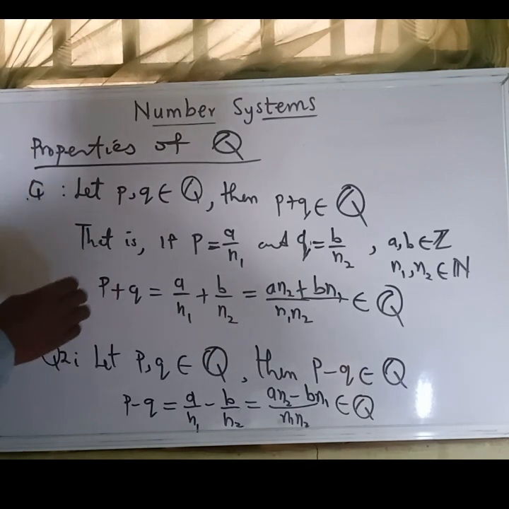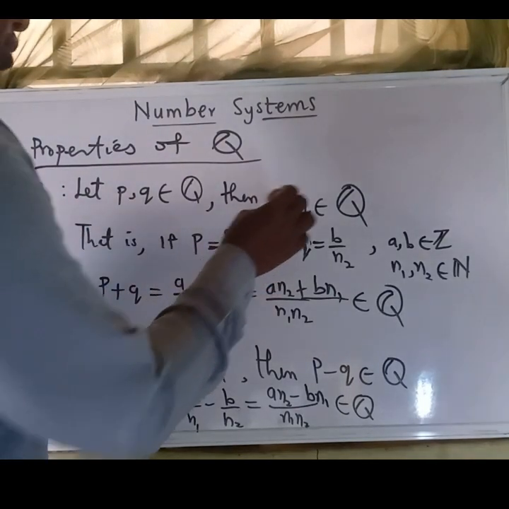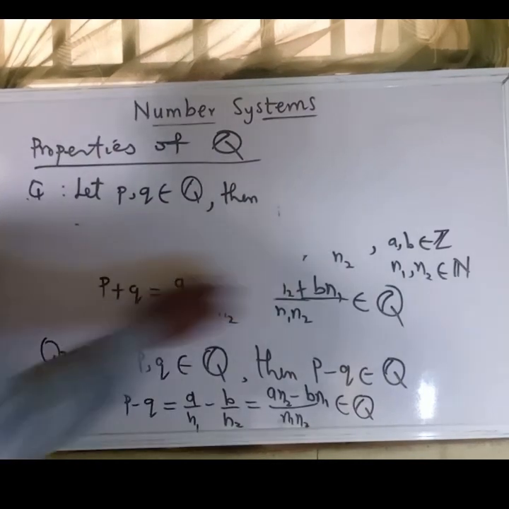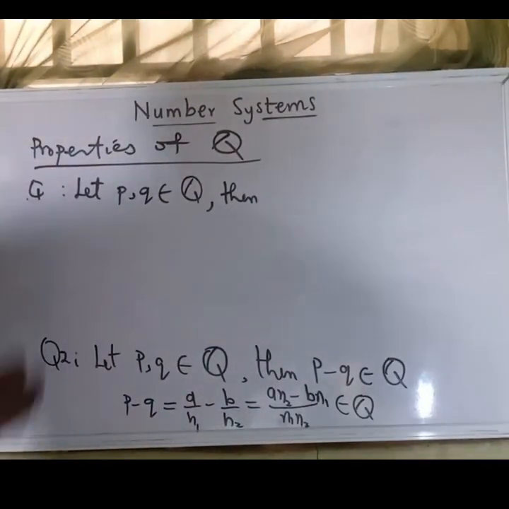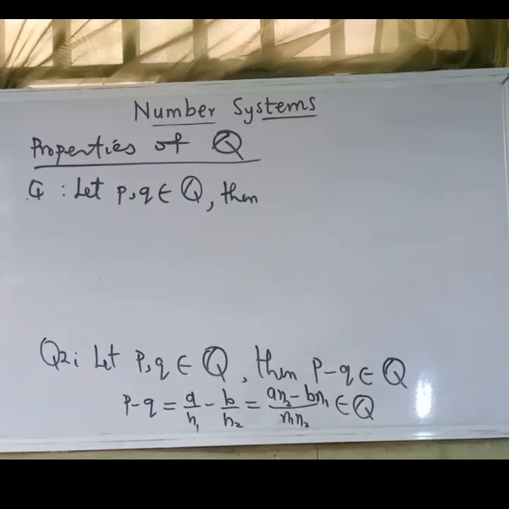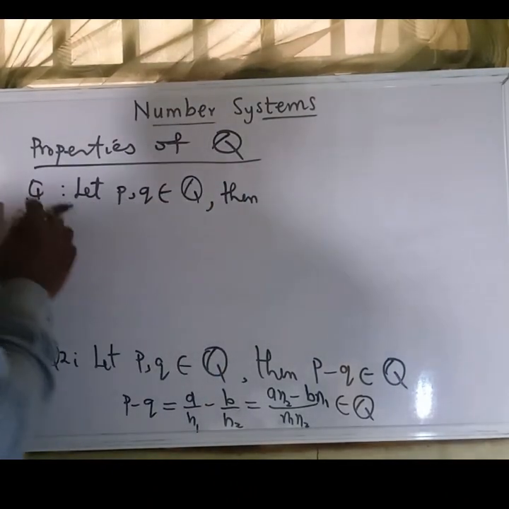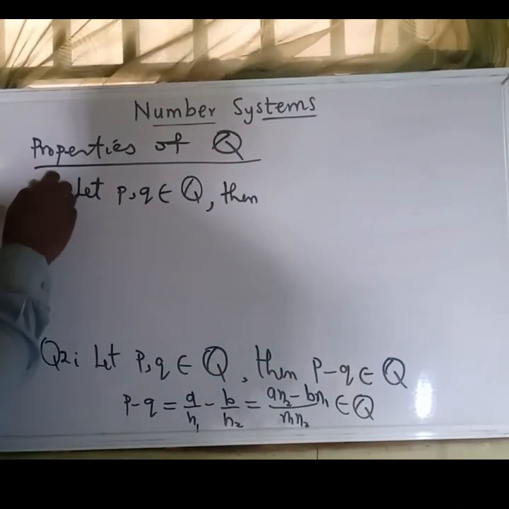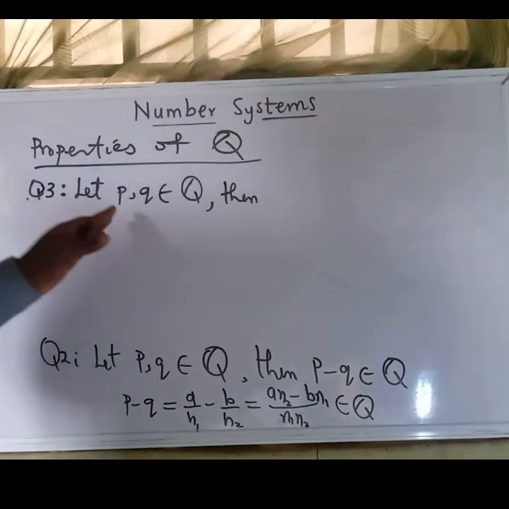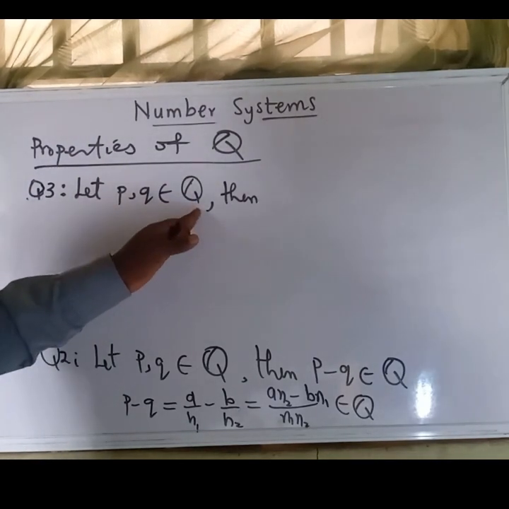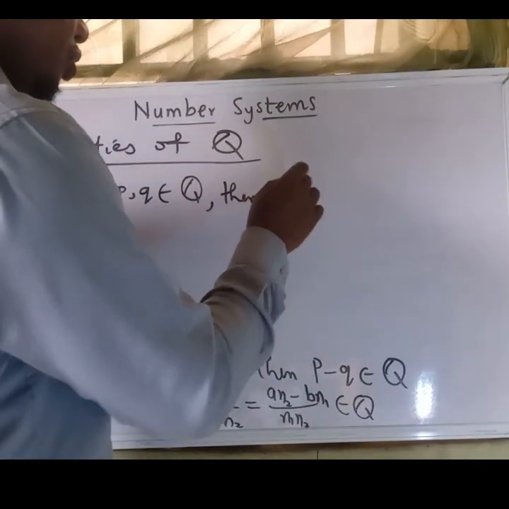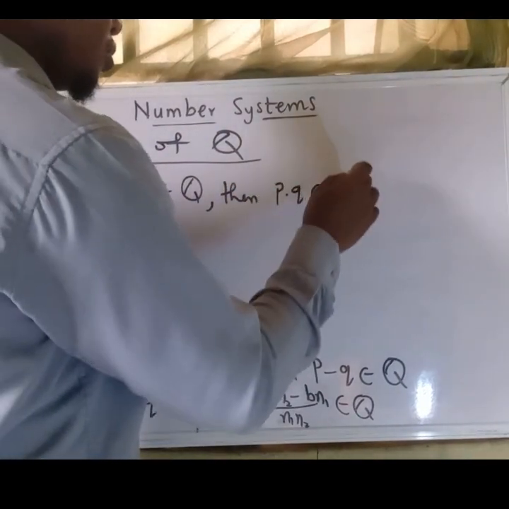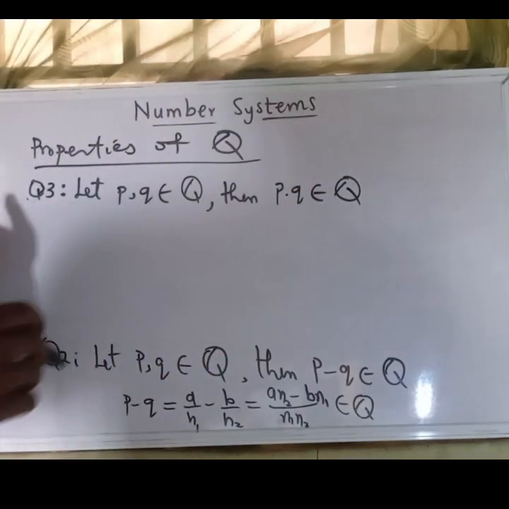So let's do that. We'll call this Q3. If P and Q are elements of the set of rational numbers, then P dot Q is also rational.